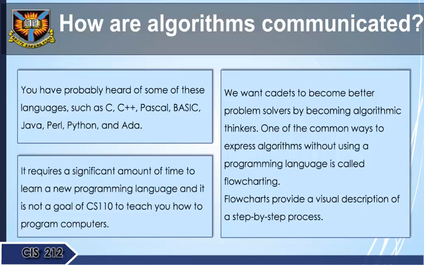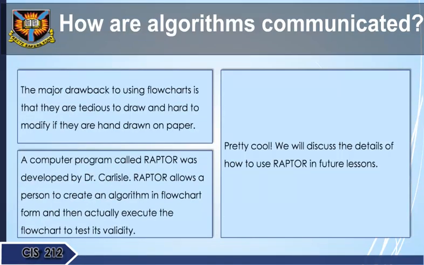We want cadets to become better problem solvers by becoming algorithmic thinkers. One of the common ways to express algorithms without using a programming language is called flowcharting. Flowcharts provide a visual description of a step-by-step process. The major drawback to using flowcharts is that they are tedious to draw and hard to modify if they are hand drawn on paper.